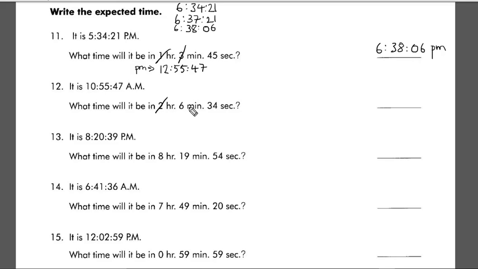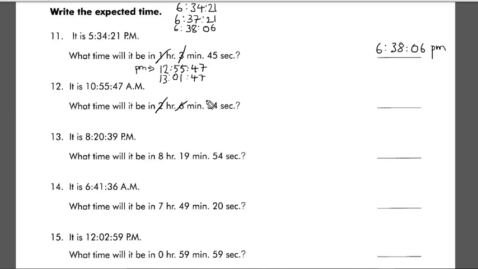Added my 2 hours. Let's add 6 minutes. So 55 add 6, that's 61. I can't have 61 here. I need to bundle up the 60, so that's going to leave me with 1 there, and add an hour here. I'm going to write that as 13, although I will convert that later on. So 13 hours, 1 minute and 47 seconds, having added my 6 minutes, and then I want to add 34 seconds.